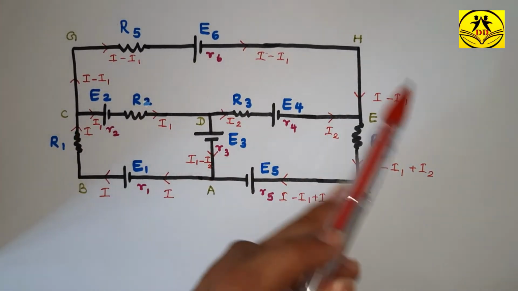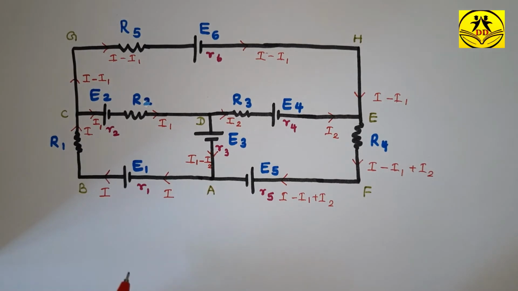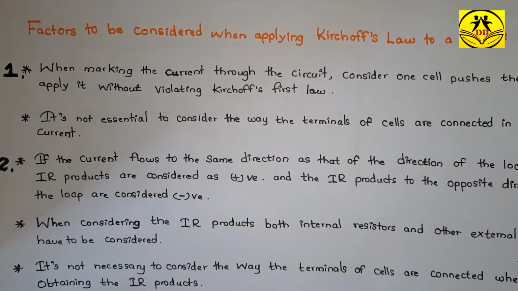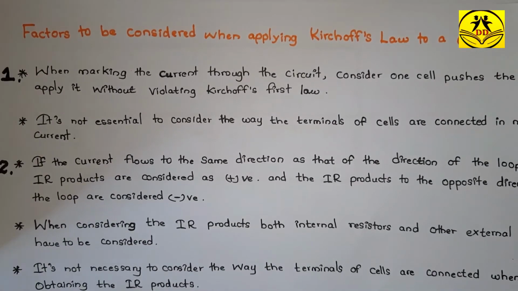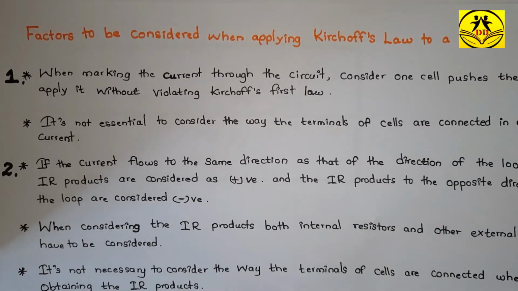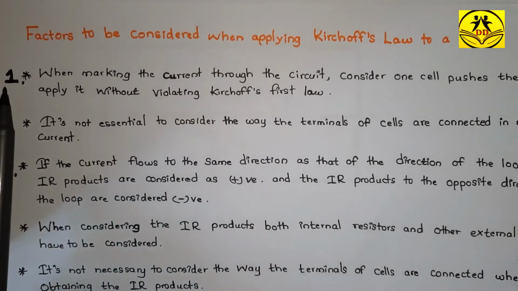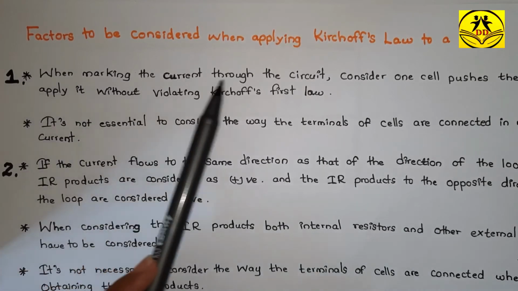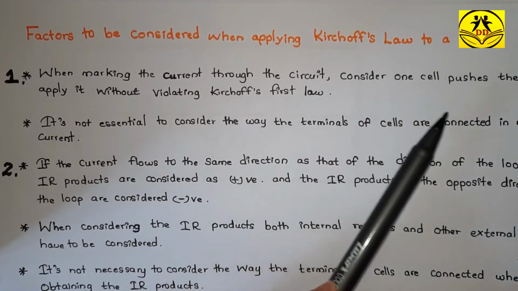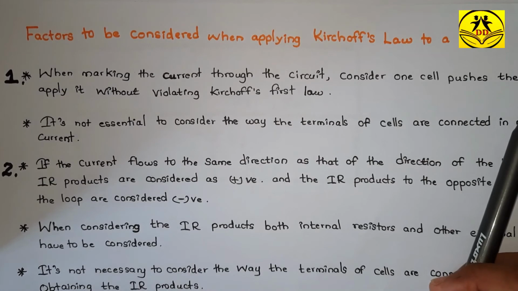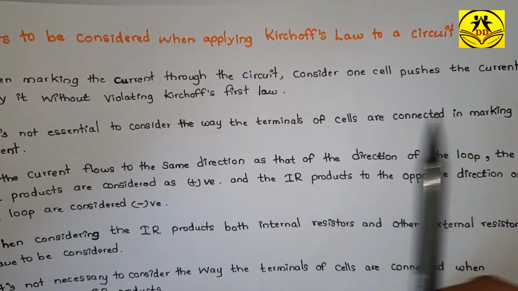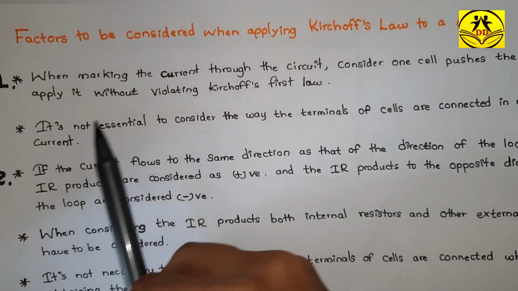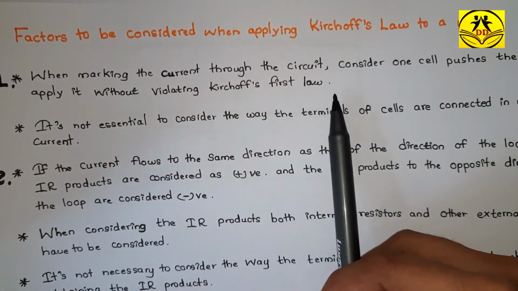So first of all, you have to mark the directions of current. I have written the factors to be considered when applying Kirchhoff's law to a circuit. I discussed with you the first point. When marking the current through the circuit, consider one cell pushes the current and apply it without violating Kirchhoff's first law.